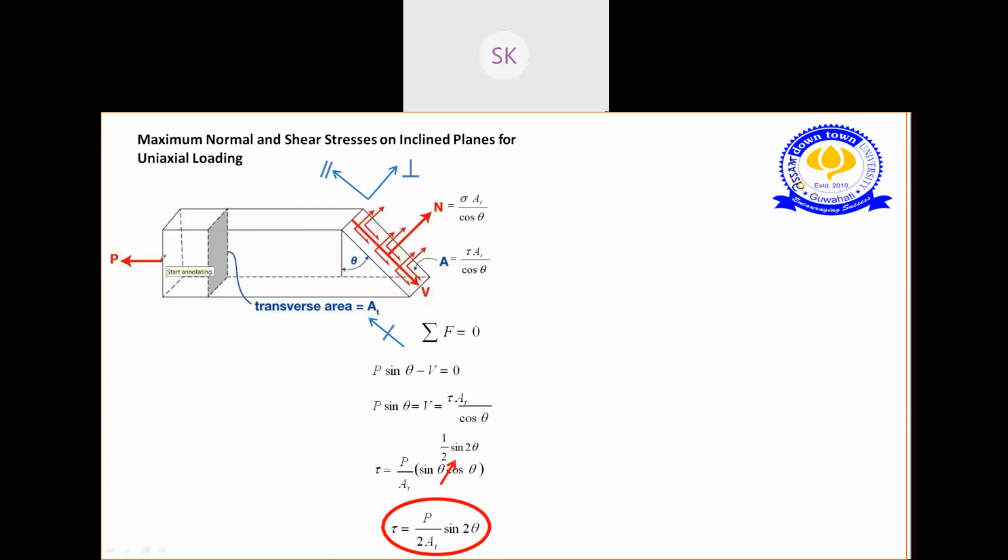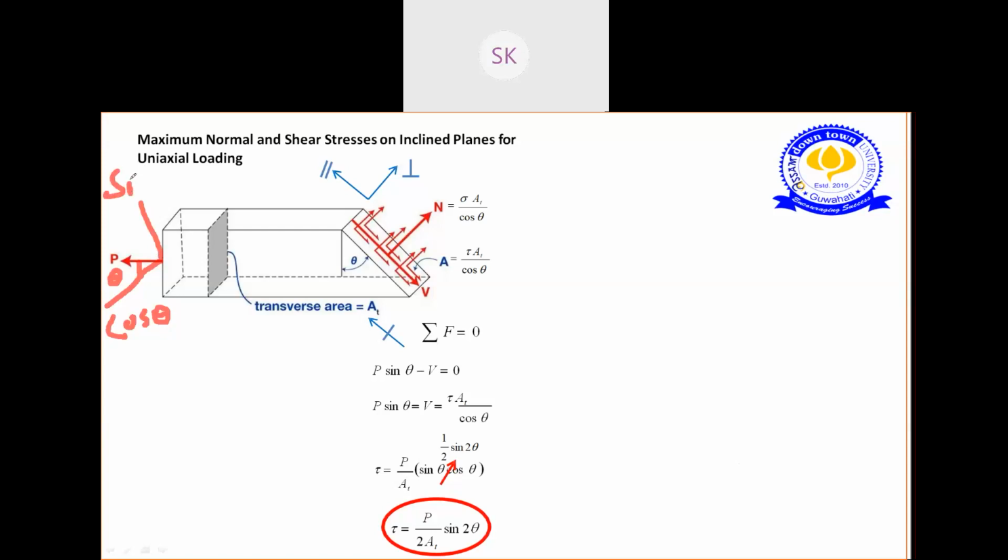For this P, the perpendicular component will be, by geometry, this, which is making an angle theta with this direction. So always the component which is related to the angle, where the angle lies, that component will always be cos theta, and the perpendicular to the angle will always be sin theta.